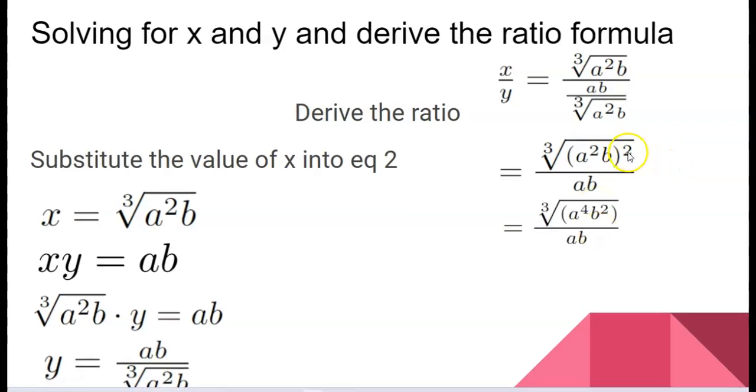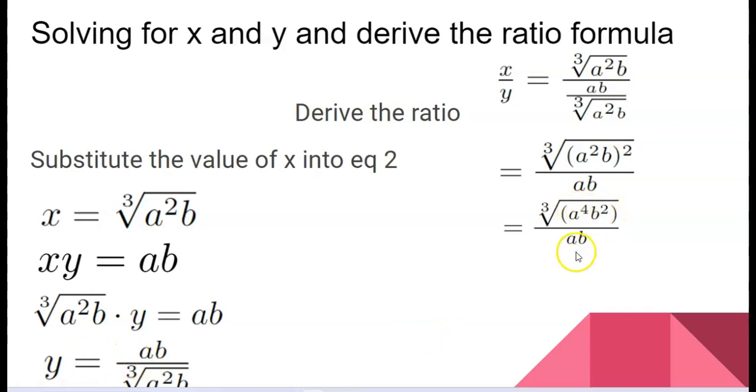So we have the exponent 2 here. We distribute it inside. So we have a squared squared. So 2 times 2 is 4. And then b squared is b squared. So our numerator now is cube root of a to the fourth b squared.